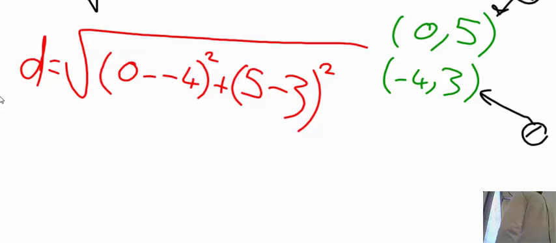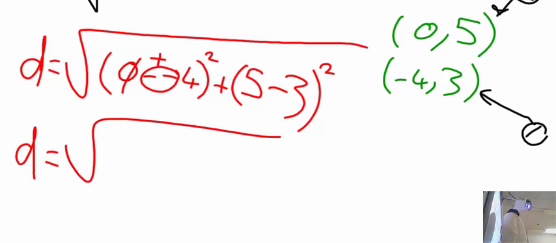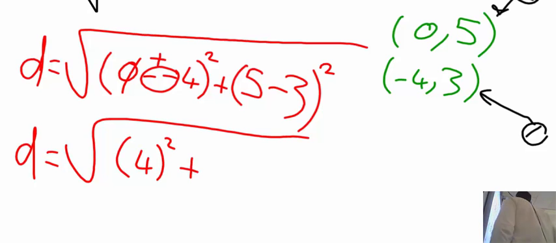And now you know this part becomes plus. Negative times negative is plus. 0 is something I can simply ignore. So what I now have is 4 square plus 5 minus 3 is 2 square.